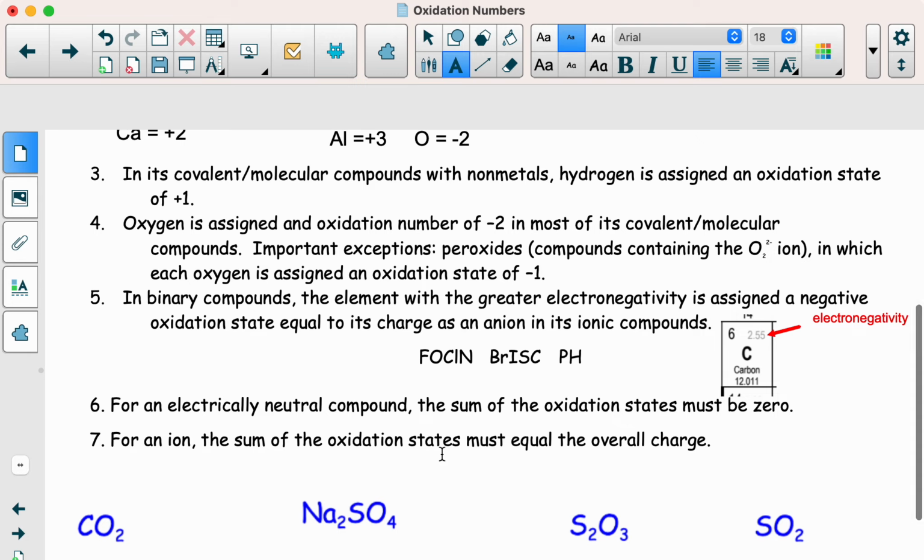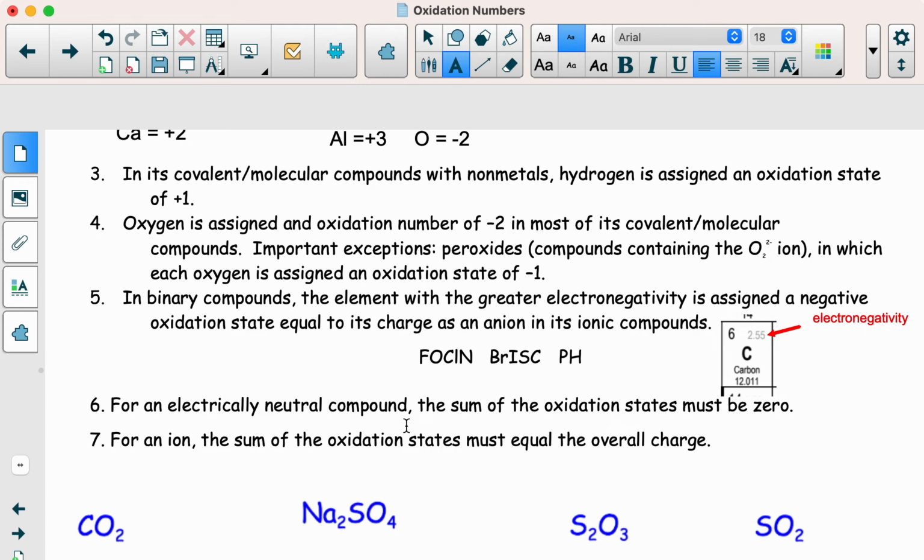Our 3 magic words are fackeln, brisk, and spelled with a PH. This gives you the order of the most commonly used nonmetal elements in order from most electronegative to least electronegative. So it goes fluorine, oxygen, chlorine, nitrogen, bromine, iodine, sulfur, carbon, phosphorus, and hydrogen.